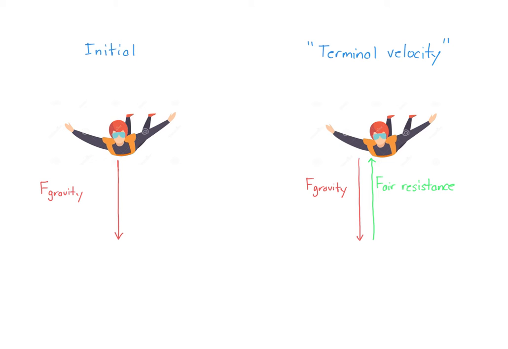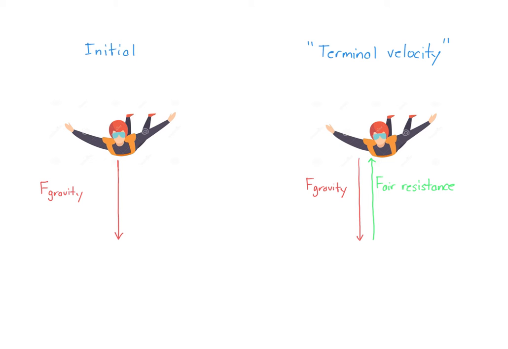So at this point, the person will no longer accelerate. The force due to gravity will be acting downwards. There will be an equal force in the opposite direction acting due to air resistance. So the net force on the person will be zero.